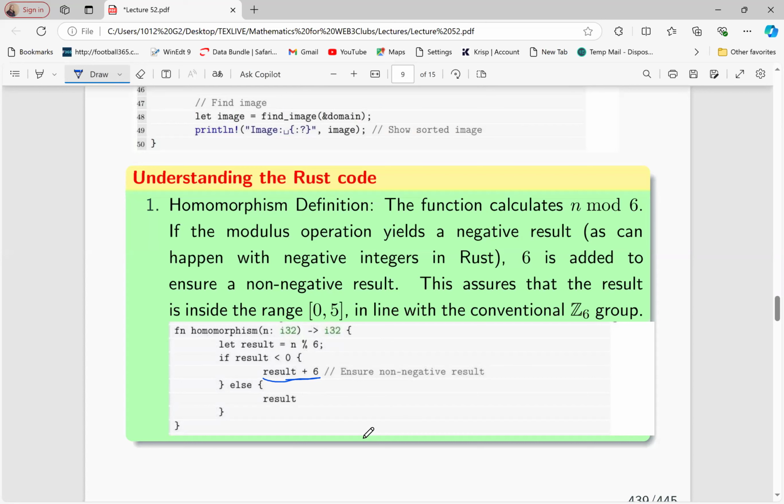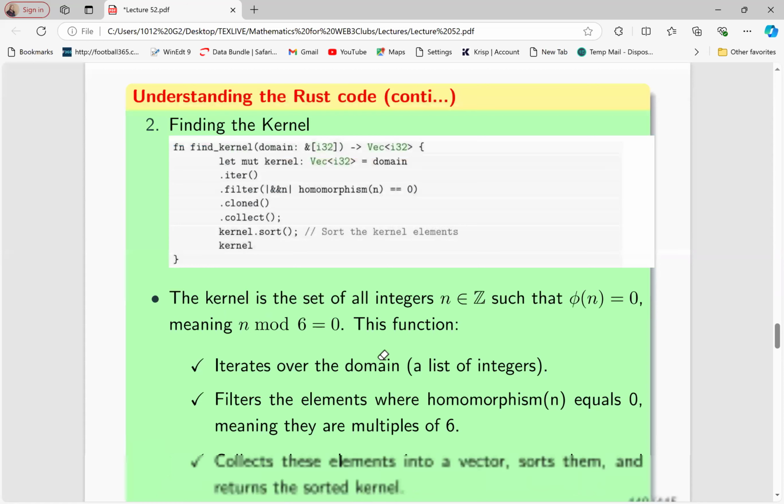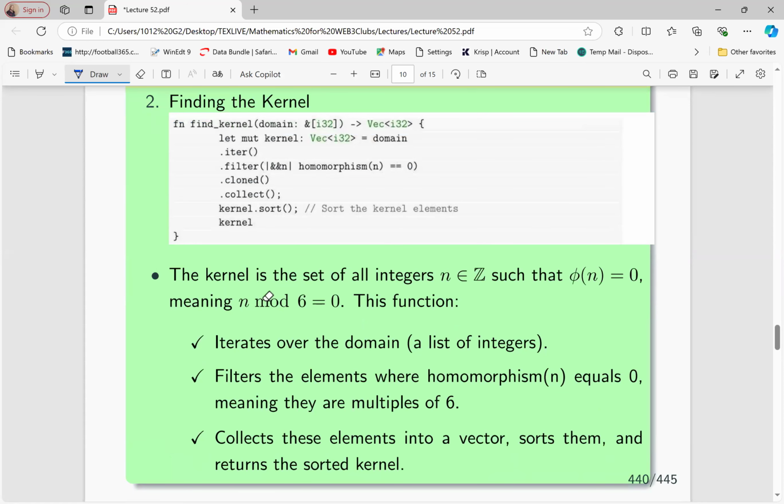So that is what this part of the code will be doing. I said that it will begin, so going through all the elements of the codomain, and then filter.